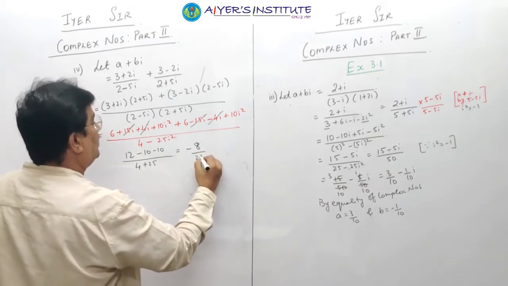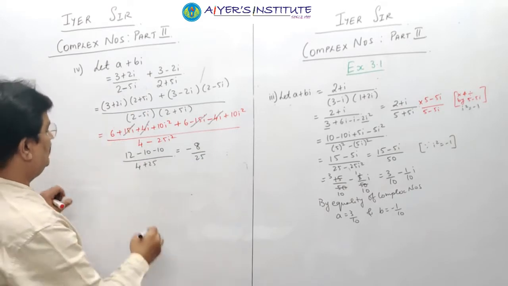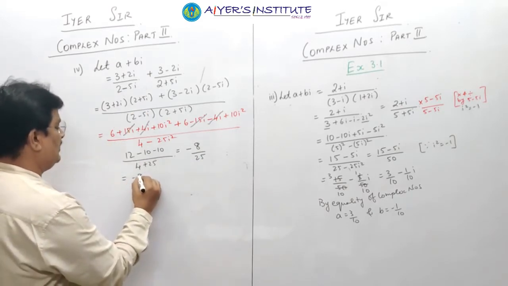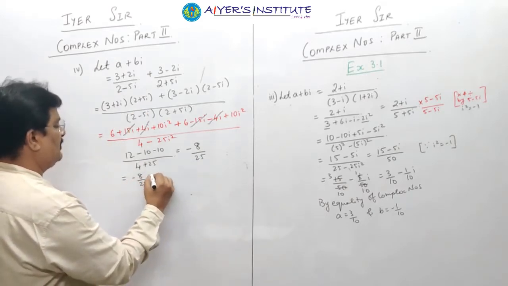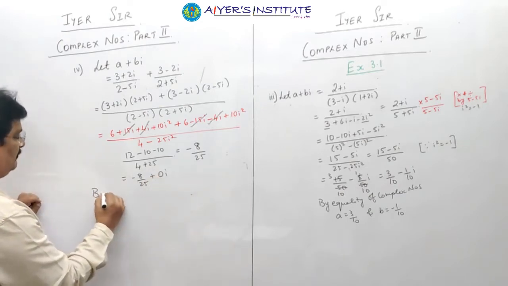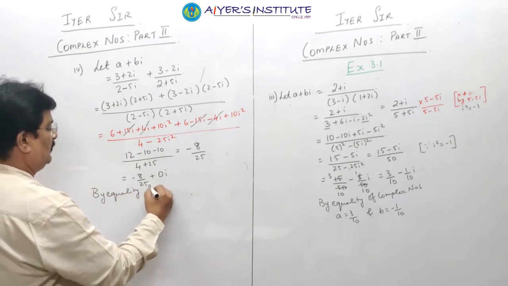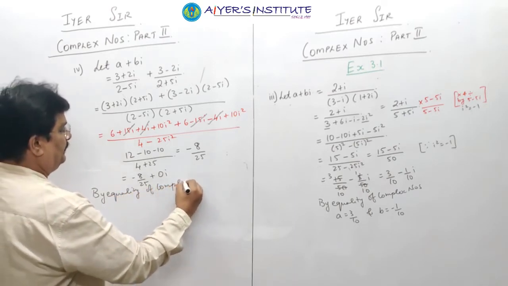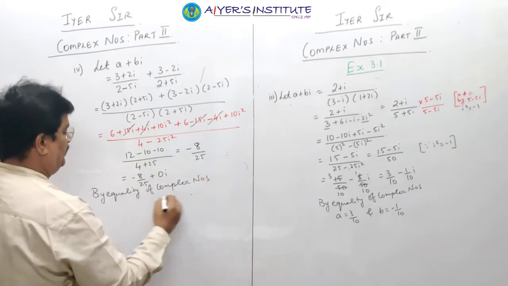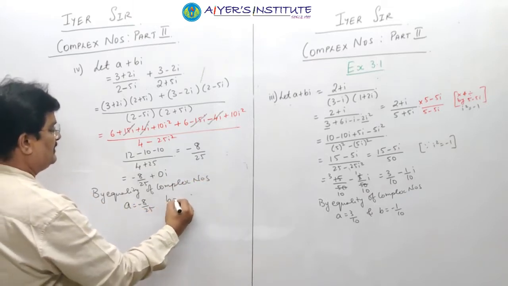Minus 8 upon 29. Now I have to write it in the form a plus bi. So there is no i wala term, so we write it as minus 8 upon 25 plus 0i. So by equality of complex numbers, a is minus 8 upon 25, b is 0.